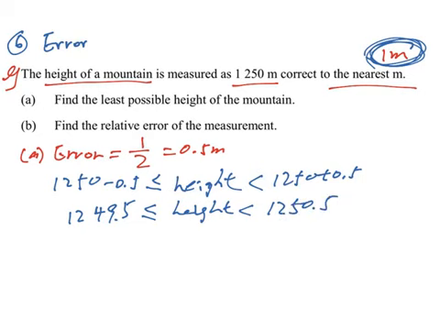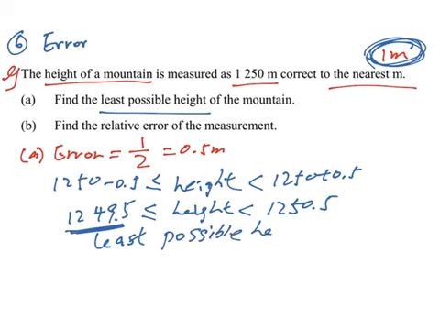For this question A, we consider the least possible height. So that means we'll consider this one. So it is equal to 1,249.5 meters.